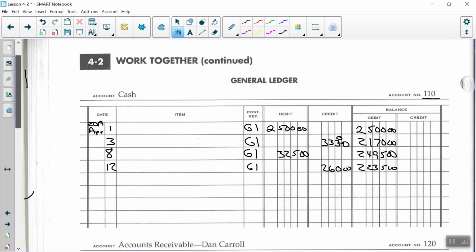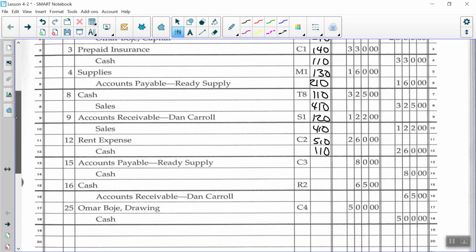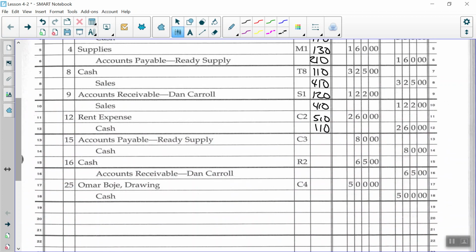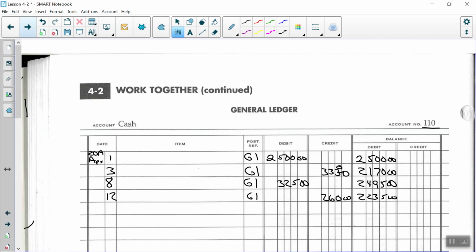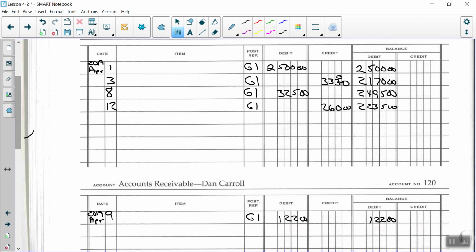Okay, so then we come back to our general journal and we're going to write 210. We got it? Okay, so go to cash. We're going to take the 80 out of here. So 15, G1, $80 is credited, right?